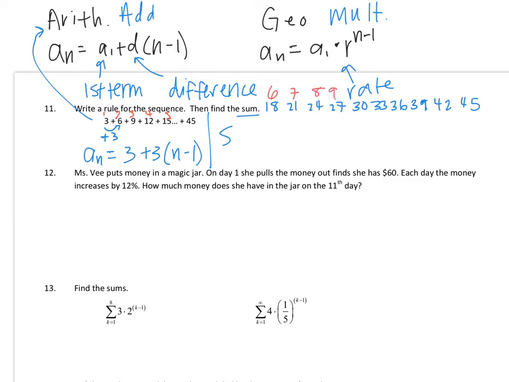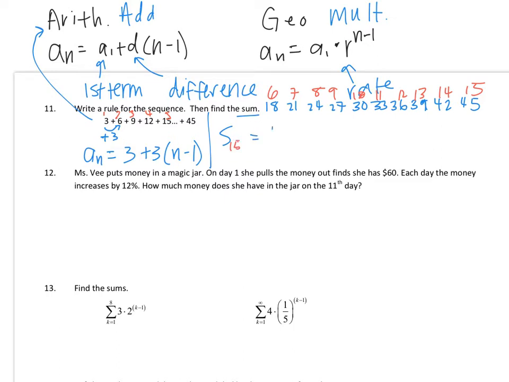I'm just counting up how many terms there are. That's a 10. So there are 15 terms, so I'm going to do the sum of the first 15.